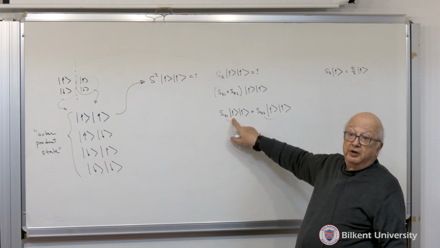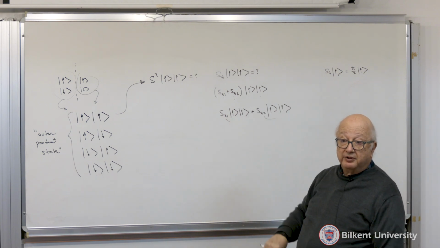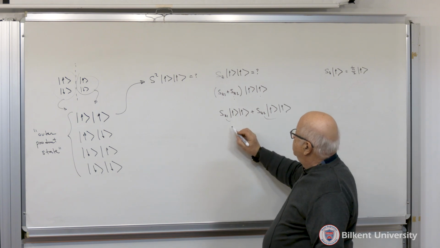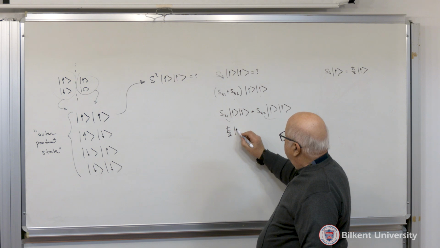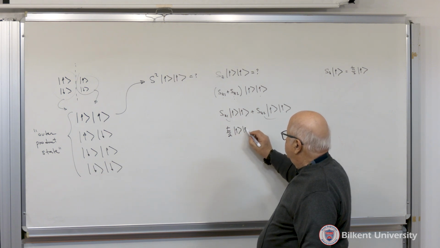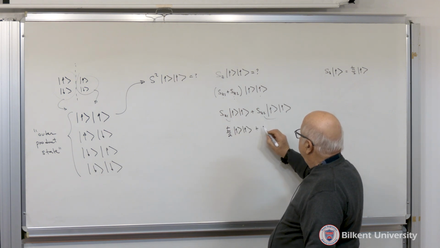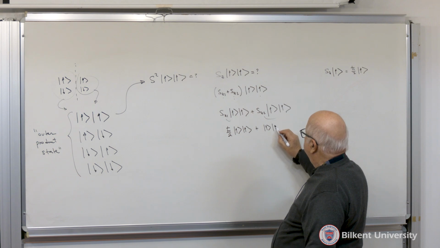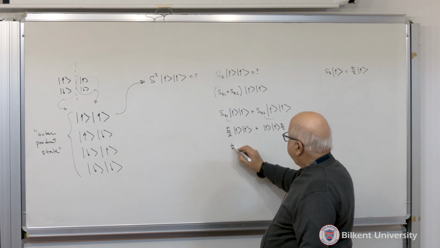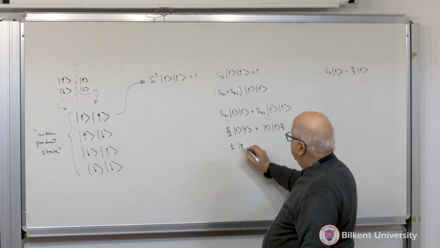It doesn't operate on it. It is some other particle, right? So this gives me ħ/2 up. This up is still there. Plus this up, but then I have this one, which is again up, but ħ/2. And I get ħ up.